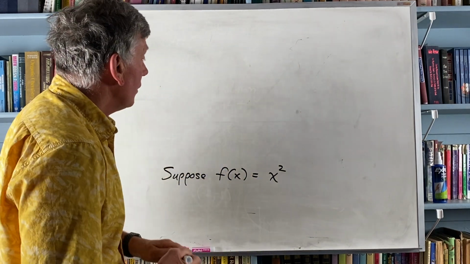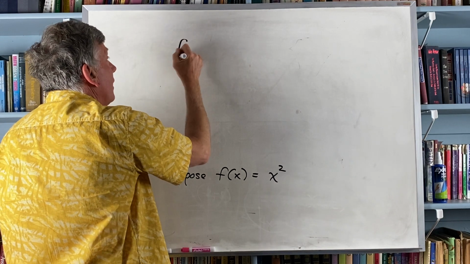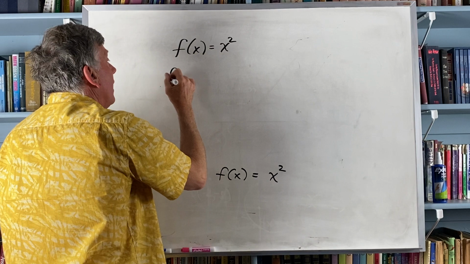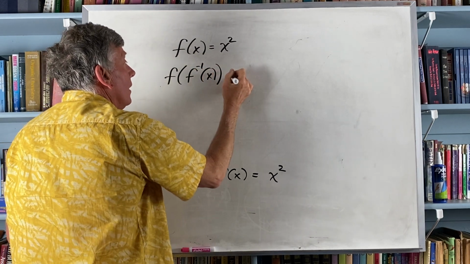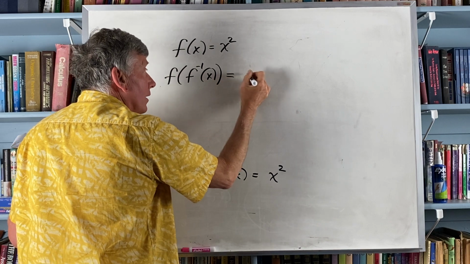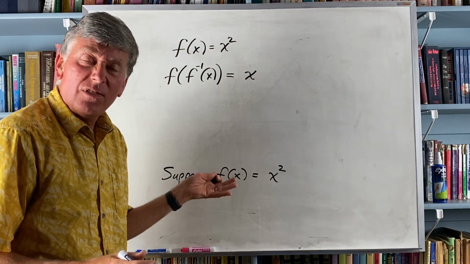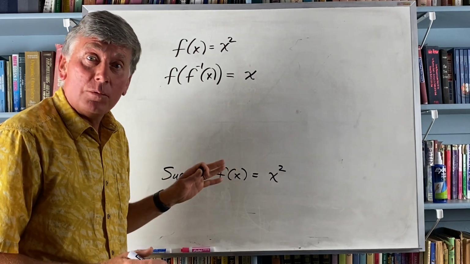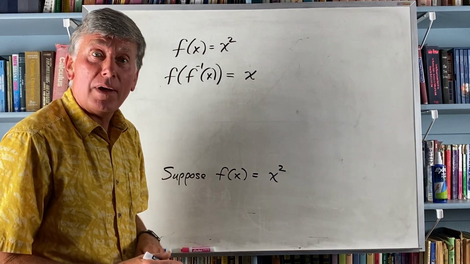Let's find out what f inverse looks like. f of x equals x squared. Now f of f inverse of x is going to equal x. Again, think of that mirror around the y equals x function. I'm just flipping right back to my original x.